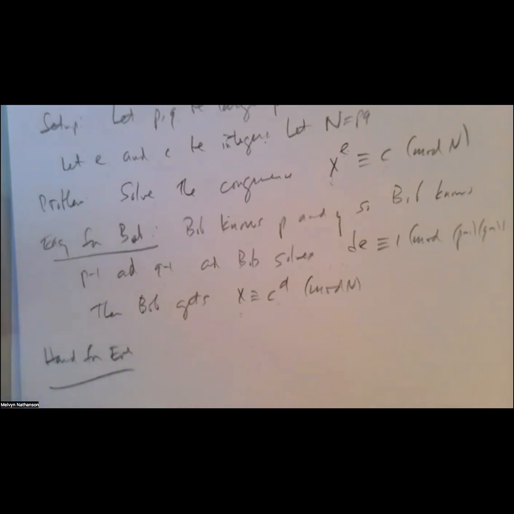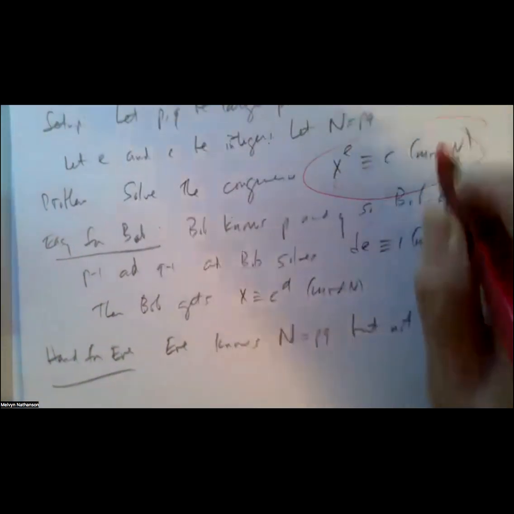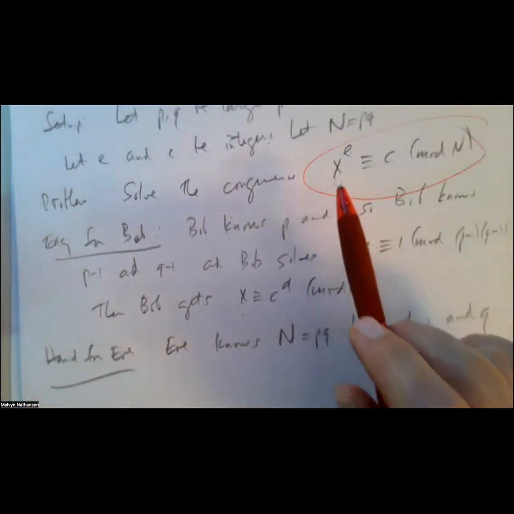But it's hard for Eve. Eve knows n, which is PQ, but she does not know P and Q. So solving this congruence is easy if you're Bob, but hard for Eve.